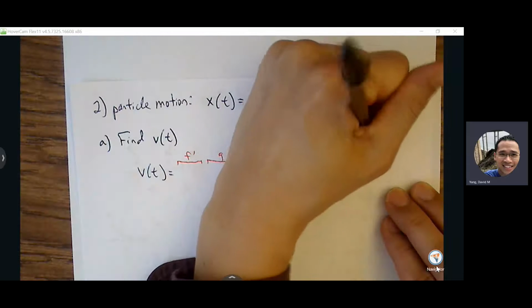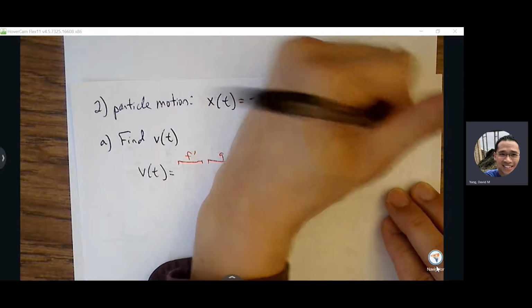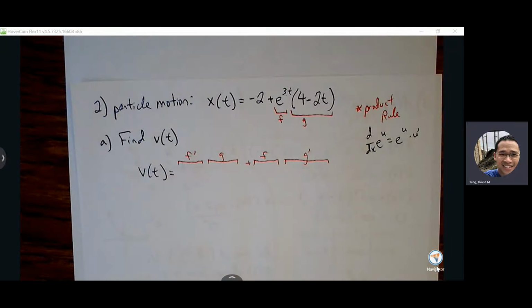Okay, remember that the derivative for e to the u is e to the u times u prime. Okay, what's f prime going to be?